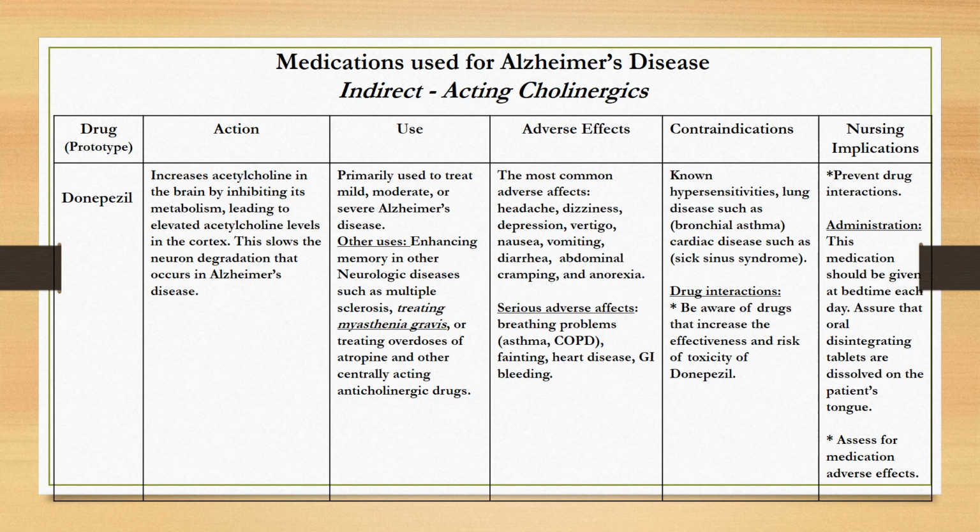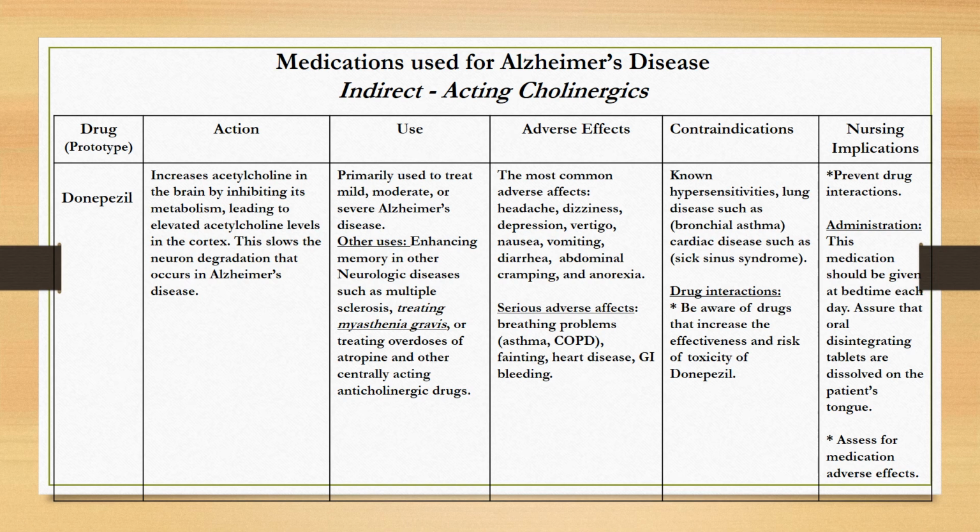And it's primarily used to treat Alzheimer's, although it has been used to treat other neurological disorders such as multiple sclerosis or myasthenia gravis. Most common adverse effects: headaches, dizziness, depression, vertigo, nausea, vomiting, diarrhea, abdominal cramping, and anorexia. Serious adverse effects, again, can be breathing problems, asthma, COPD, fainting, heart disease, or GI bleed.